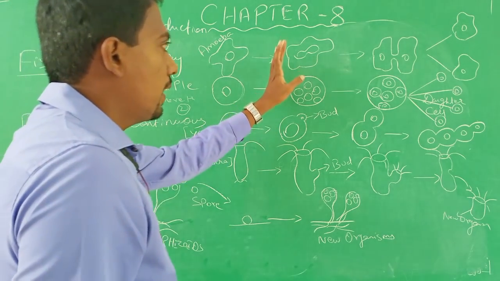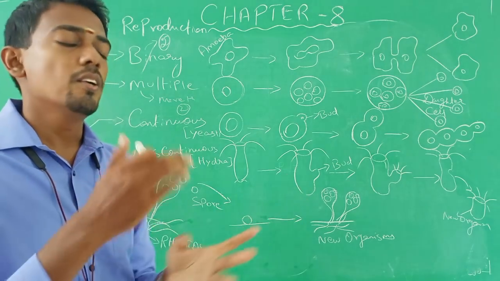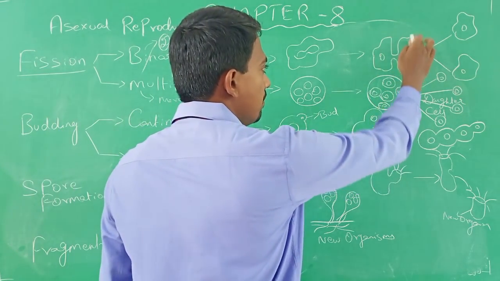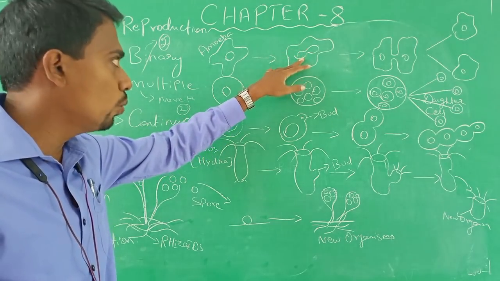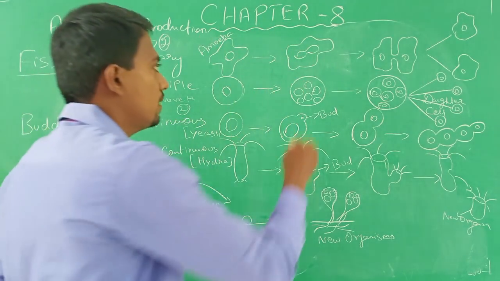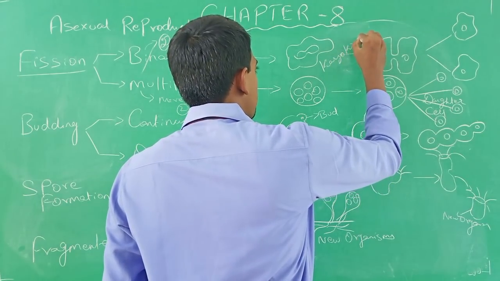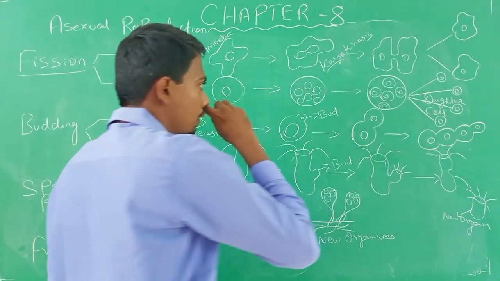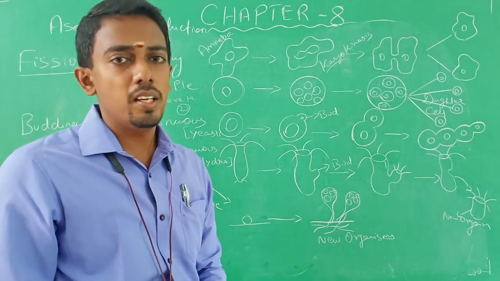Again and again telling you students, first the nucleus should divide, followed by the cytoplasm. The process of splitting of the nucleus into two daughter nuclei is called karyokinesis. Karyo means nucleus, kinesis means division.